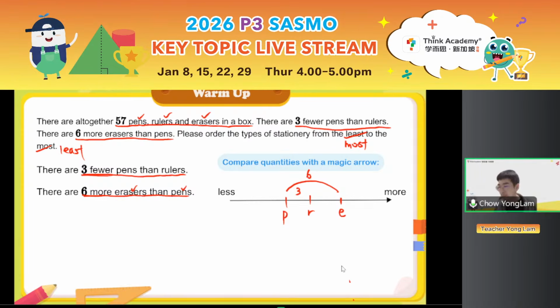Okay, so with that, now we can say from the most to the least, look more to less. Erasers come first, then rulers, finally pens. Okay, eraser, ruler, pen. Okay, so when you see 3 or more quantities and you want to compare which one is more, which one is less, please use a magic arrow.